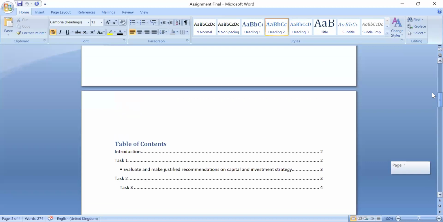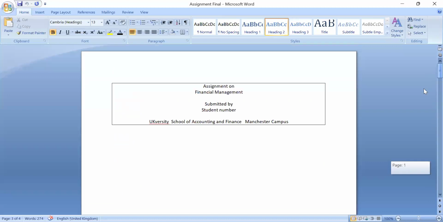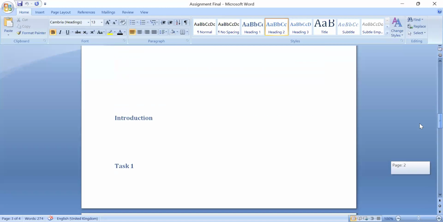Make sure you have a cover page and write a little introduction. The role of management accounting has significantly increased because we are living in a global village, a global world where competition between companies has increased a lot. So we need to look at these things very closely, and please include relevant examples accordingly.